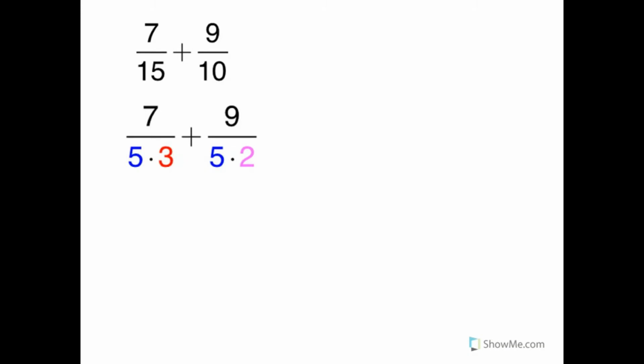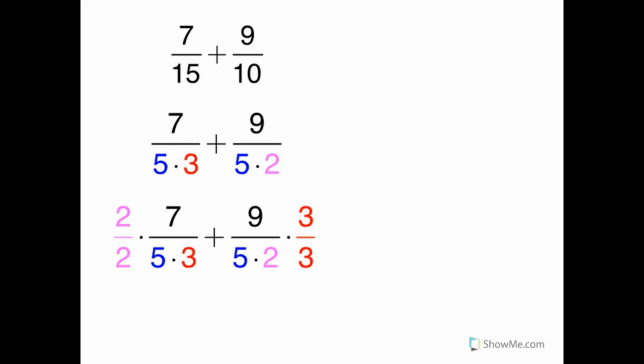When I factor 15, I get 5 times 3, and when I factor 10, I get 5 times 2. Now, I've put both the 5's in blue so that you can see that they match. To find a common denominator, I don't need to worry about the 5 because it's already in common.